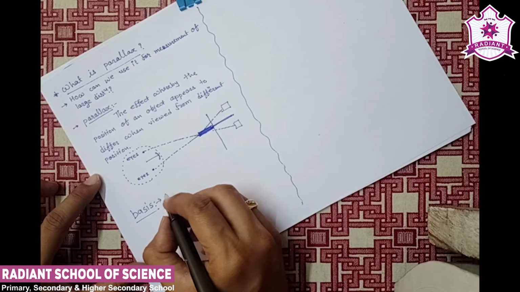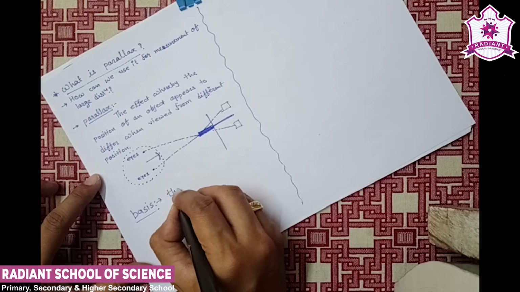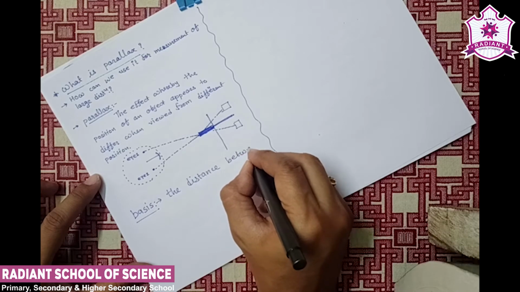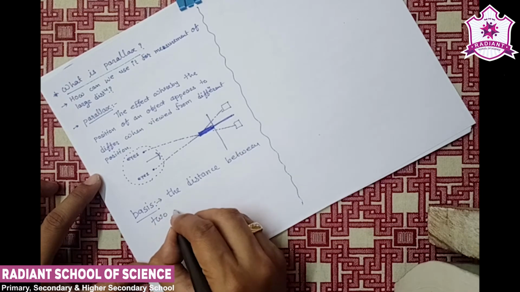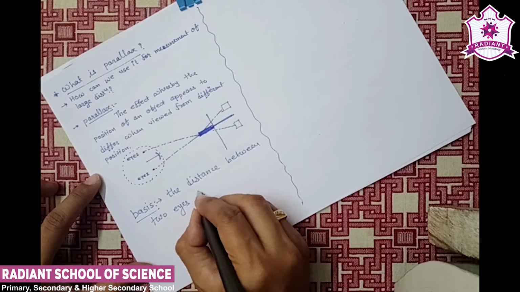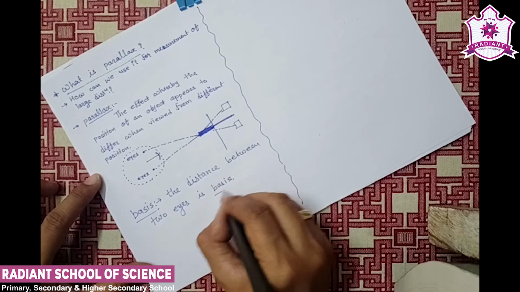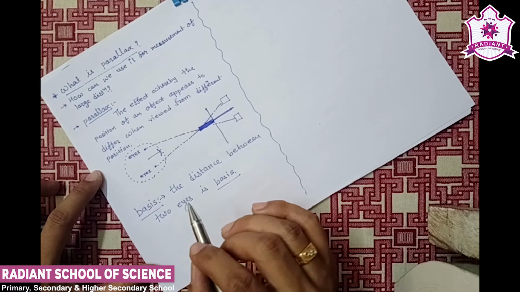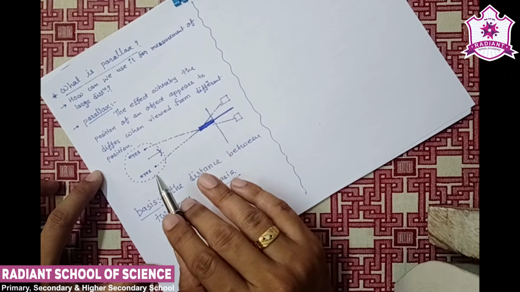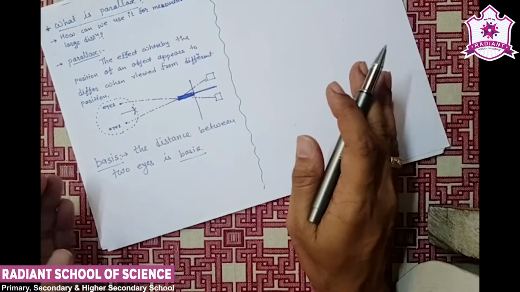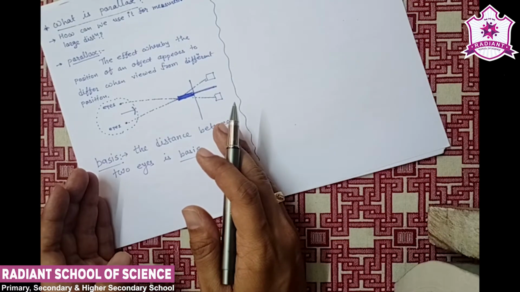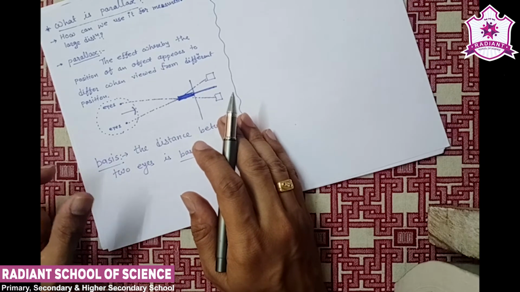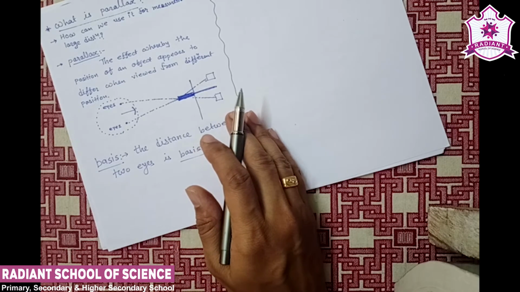So here in our previous question, the distance between two eyes is basis. इसको basis बोला जाता है, and with the help of that we can measure the distance of two objects which are situated at a large distance from each other, and we can find out the tentative distance between them by using this method.